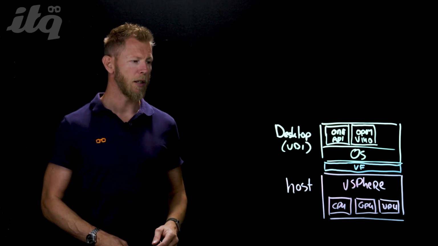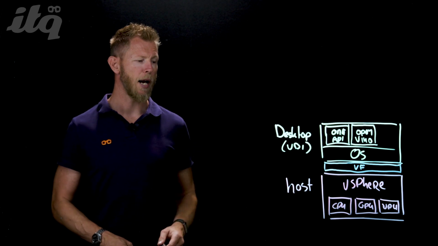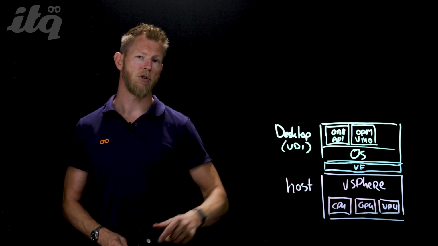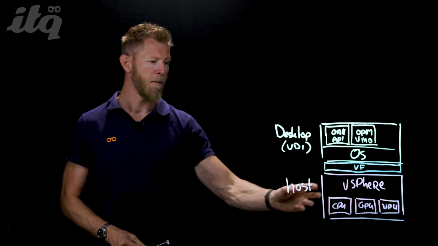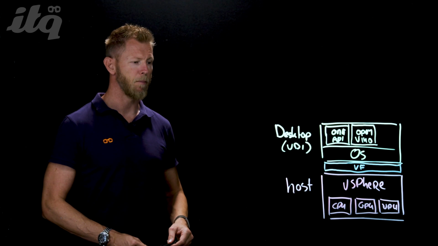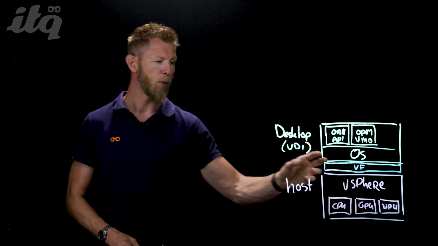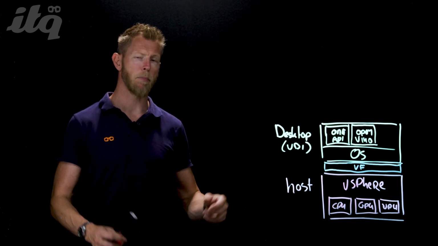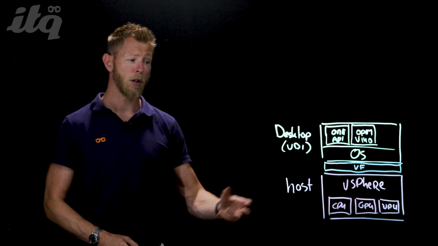In this case, what you can already see in the drawing is that the host has physical hardware, so CPUs based on the Sapphire Rapids architecture, GPUs based on the Intel Flex or Intel Max series, as well as a VPU. A VPU in this case is a video processing unit. Could also be an FPGA.